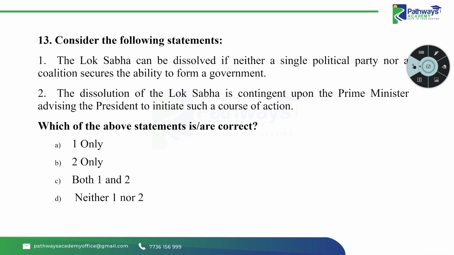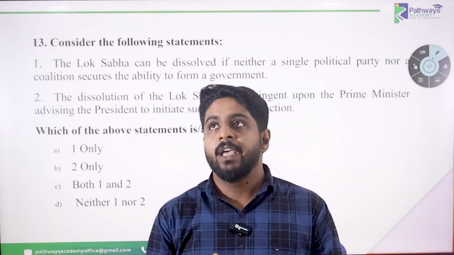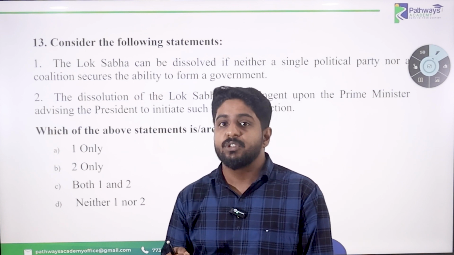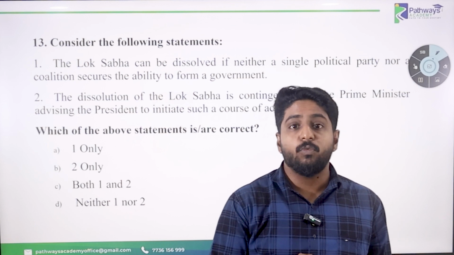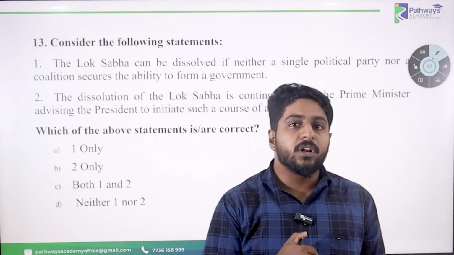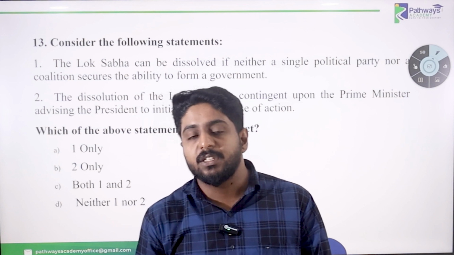Question number 13. Consider the following statements. The Lok Sabha can be dissolved if neither a single political party nor a coalition secures the ability to form a government. So we are speaking about the dissolution of Lok Sabha. Sir, when can the Lok Sabha be dissolved? After 5 years, the Lok Sabha gets automatically dissolved. The second condition is that if there is no party which has a majority, the president can go for the single largest party or the single largest coalition.